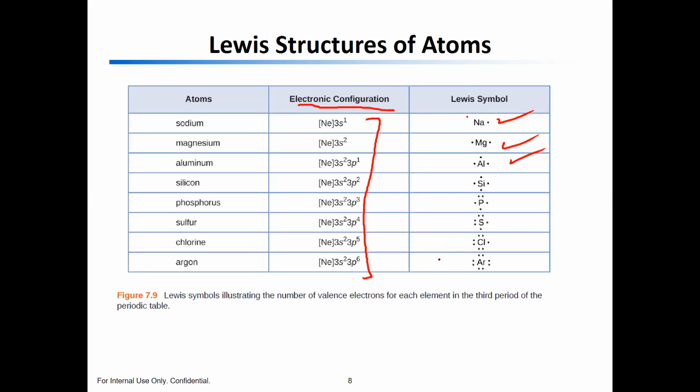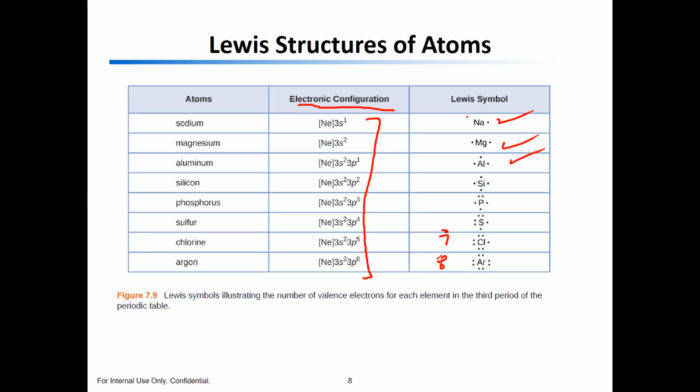Look at this. We said this is a noble gas, right? Argon has 8. So for some reason, argon is very, very stable. And we just make an assumption: if you have 8 valence electrons, you are stable. Electrons don't want to come in, and electrons don't want to come out. So you're very, very stable.